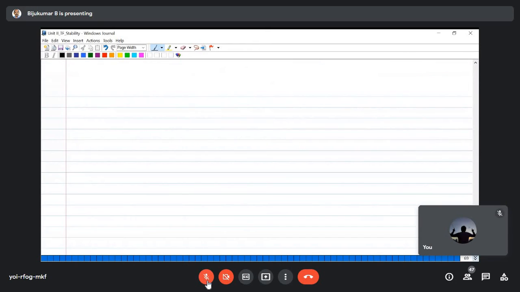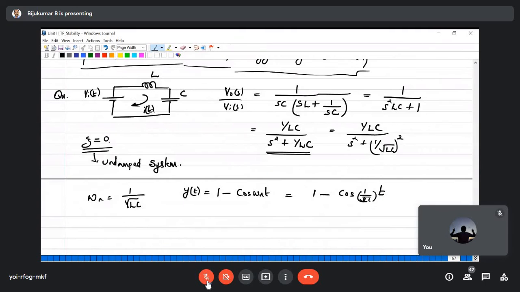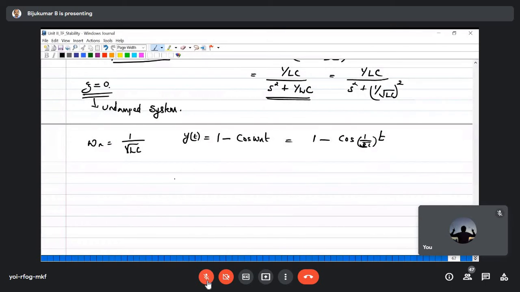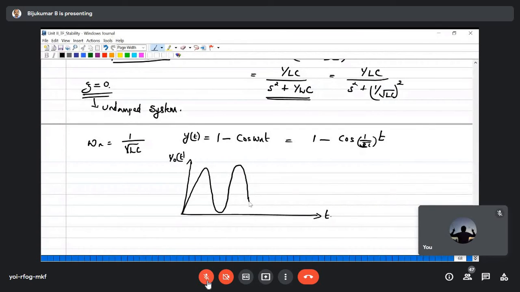So what will be the response of the current? Current or voltage across the capacitor? Hope you understand why it is oscillating. Why is it oscillating?